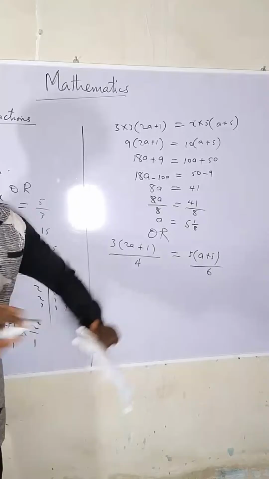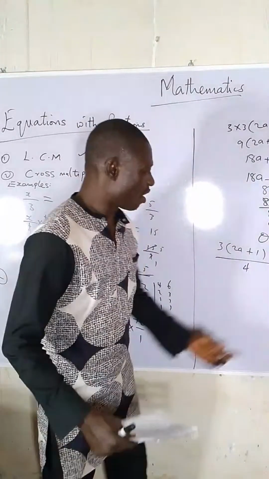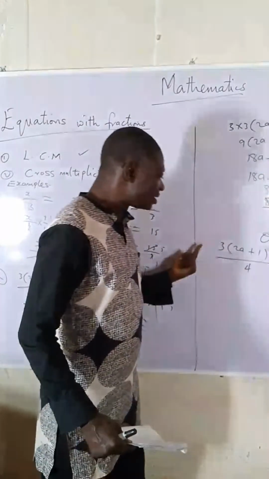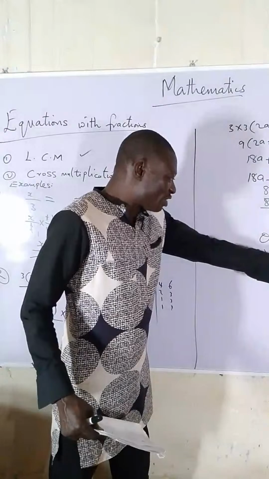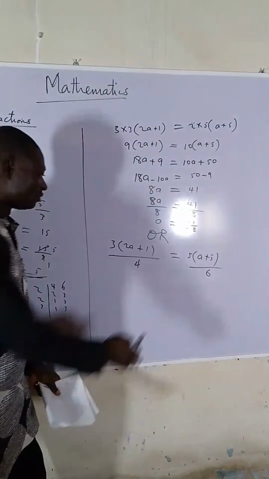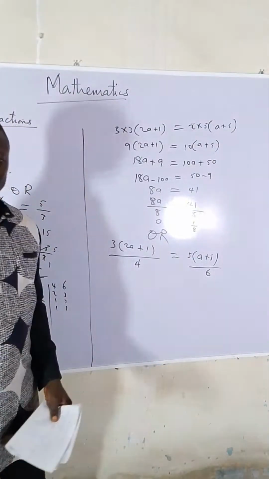In this case, we are cross multiplying. What is cross multiplying saying? Let this number move to 4 and let this one move down to 6.